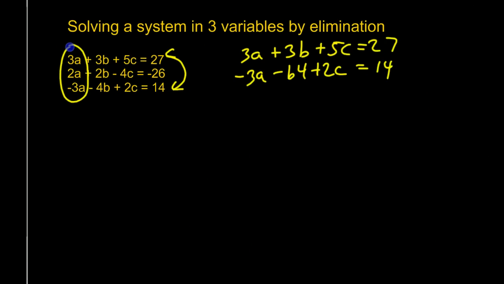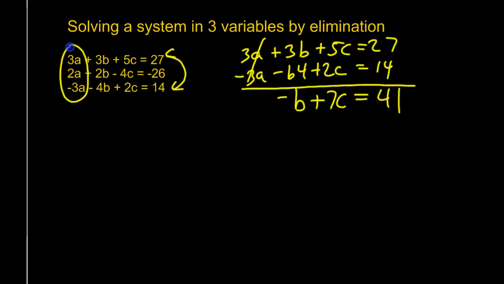So this is where we're going to start. The same elimination we've done with our other problems, leaving us with, that should be negative 4b, I don't know why I wrote that backwards, negative b plus 7c equals 41.